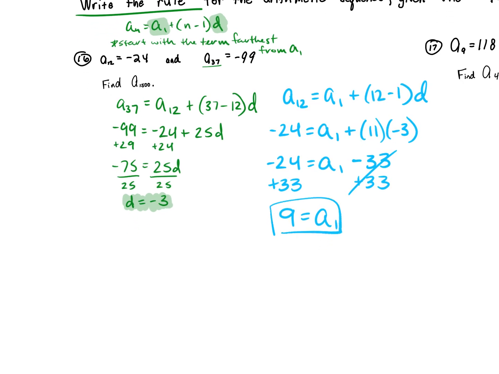So when we write our rule, we have a sub n is equal to a sub 1, so that would be 9, plus n minus 1 times d, which is negative 3. So this would be our rule.